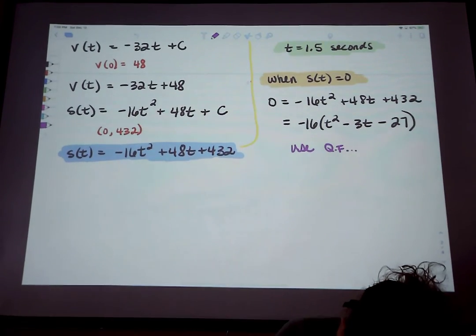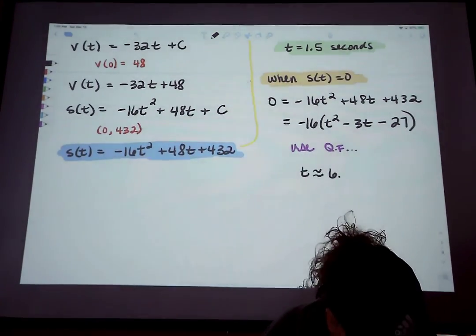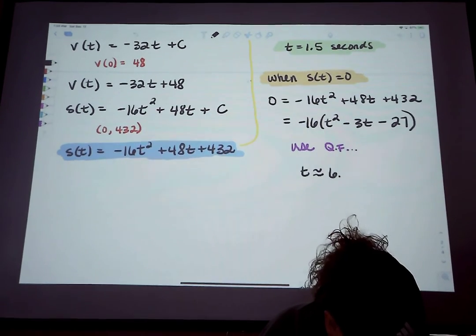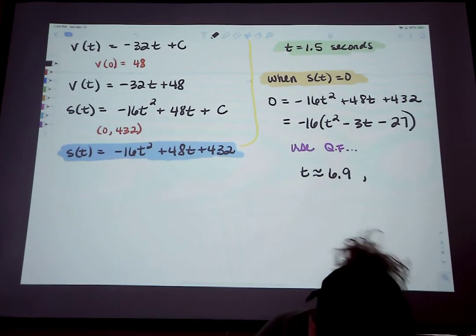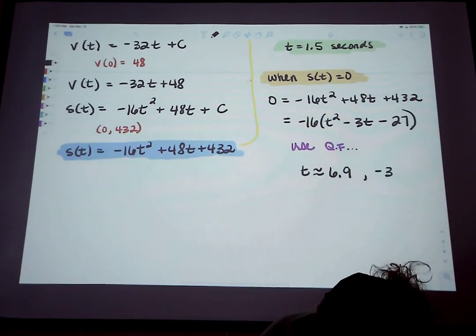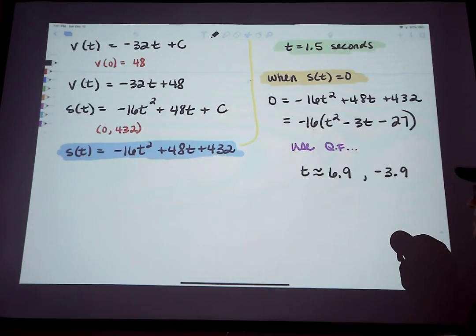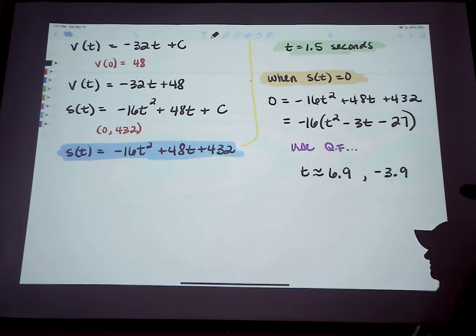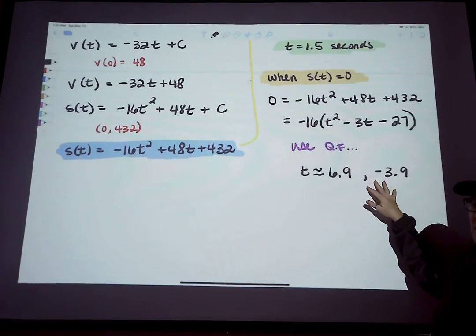So I used the quadratic formula. And I got, and I should have rounded to 3, but I didn't. So I got 6.9 and I got negative 3.9. And some of you are very insistent that, hey, these are the two solutions. These are 2 times that it could have hit the ground.